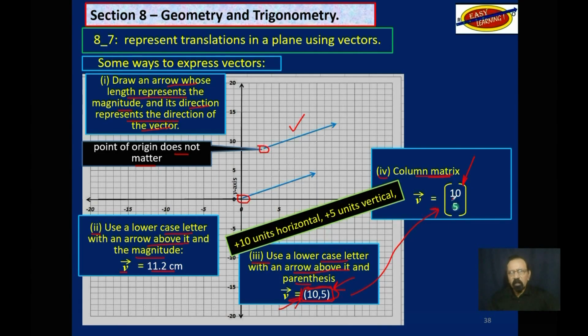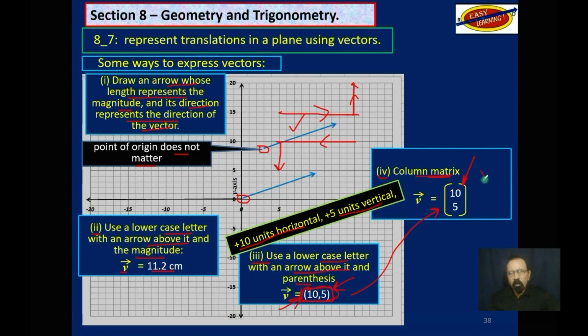No. Now what this 10, 5 means, it is plus 10 units horizontal and plus 5 units vertical. So if you begin here, you go 10 units that way and 5 units that way, plus 10 and plus 5. Of course, if those were minus units, negative units, you would go negative 10 that way and negative 5 this way.